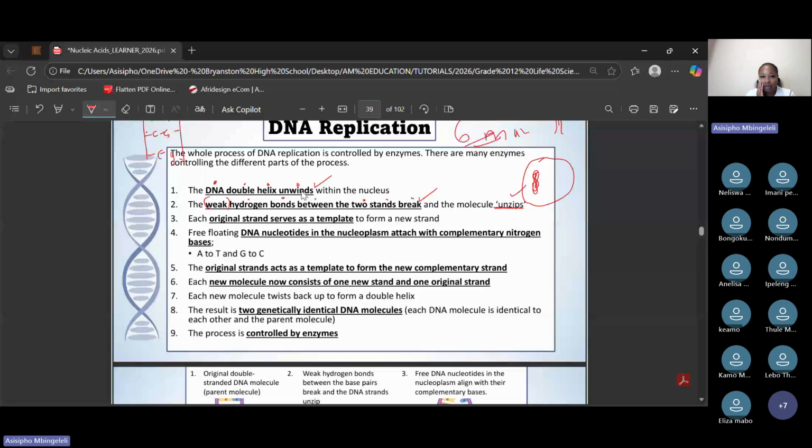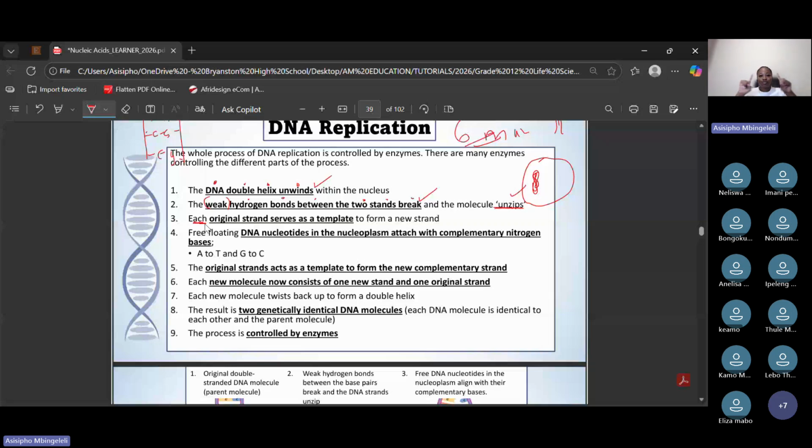Point number 3. This word is very important. It's not highlighted, but it is very important. Each strand serves as a template to form a new strand. Now, in DNA, we have 2 strands. We have strand 1 and we have strand 2.